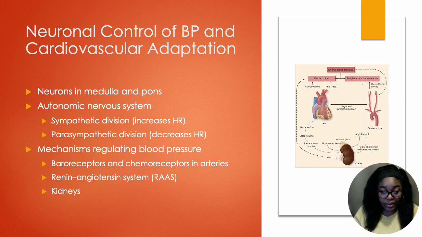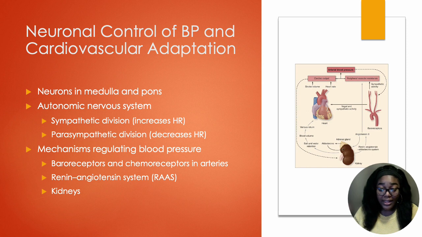So sympathetic increases heart rate and blood pressure. Parasympathetic decreases heart rate and decreases blood pressure. Your body is responding automatically to these sensory things in the outside environment.